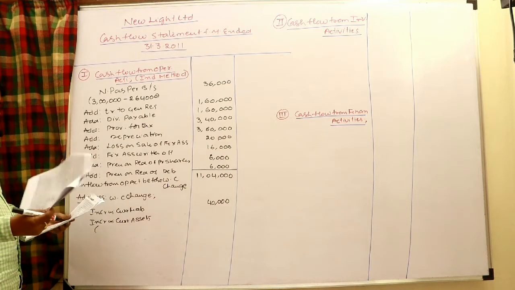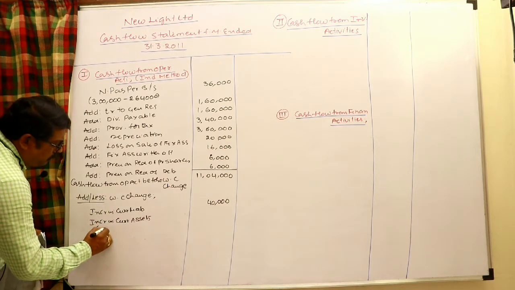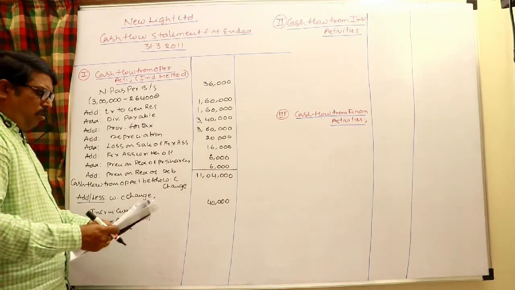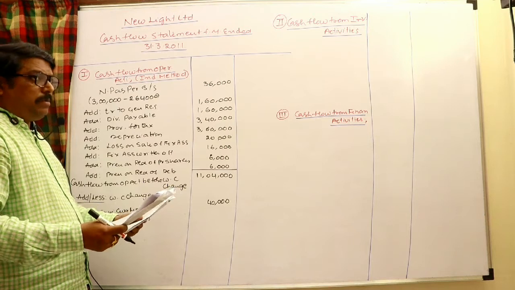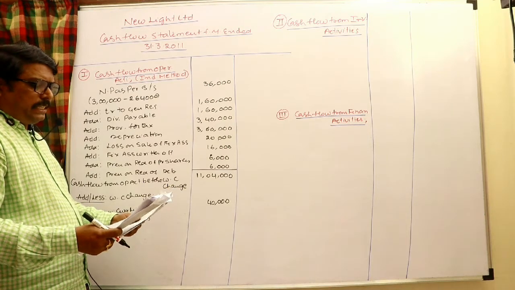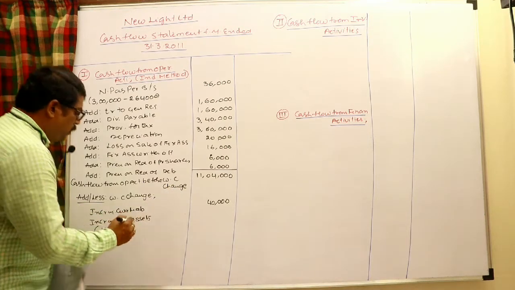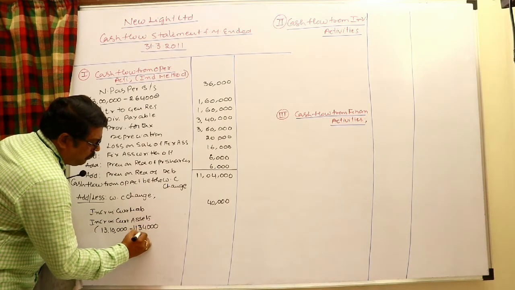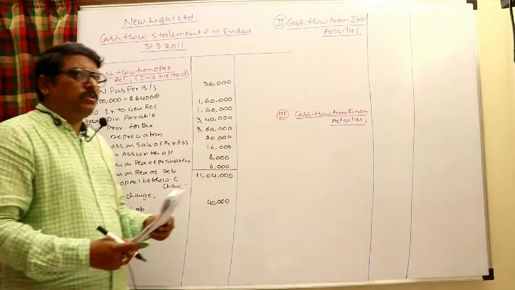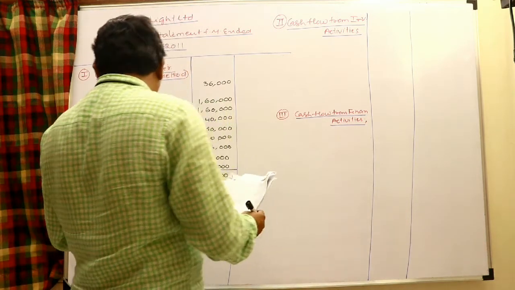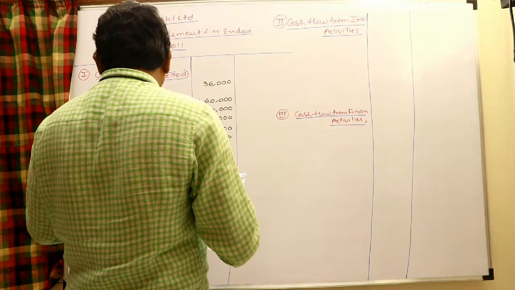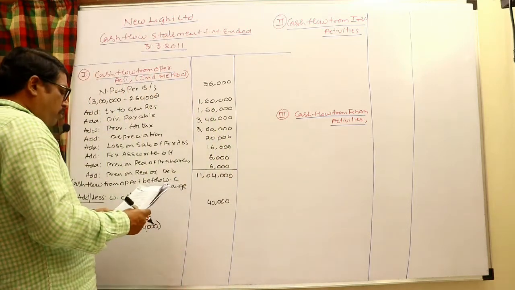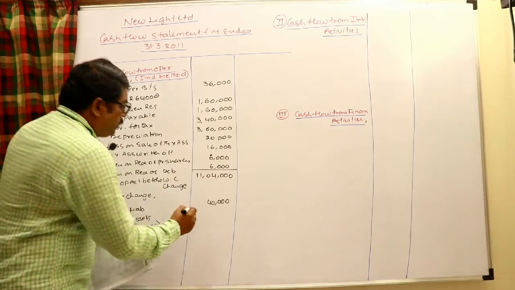Closing current assets are given as 13 lakh 10,000 minus opening current assets 11 lakh 10 plus the stock increase of 24, that is 11 lakh 34,000. So increase in current assets is an outflow, and the outflow here is 1,76,000.